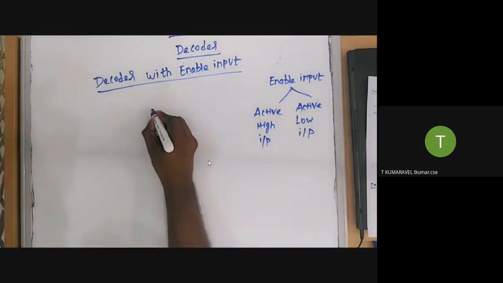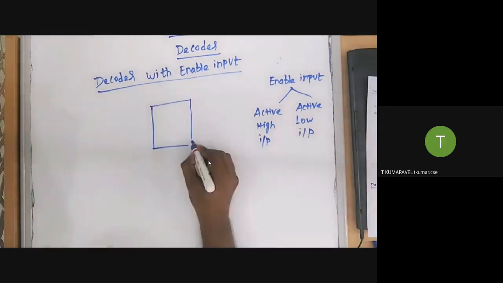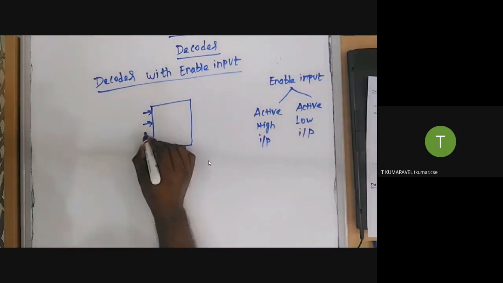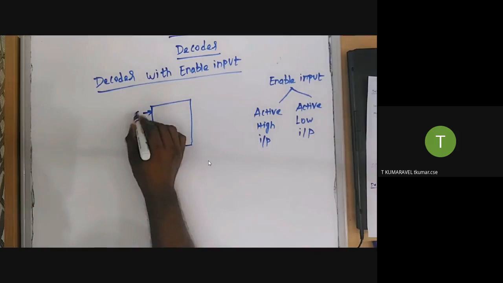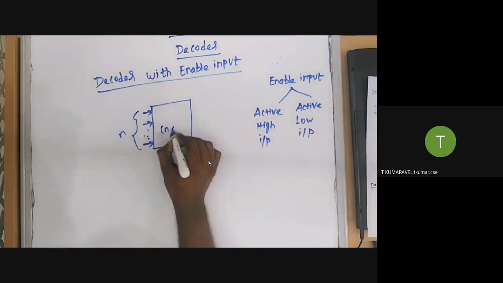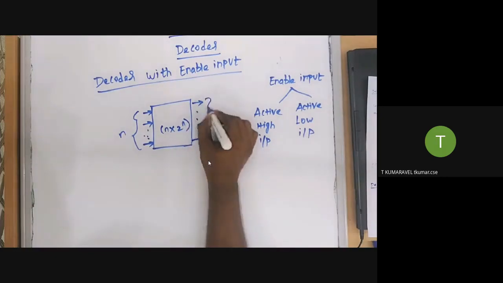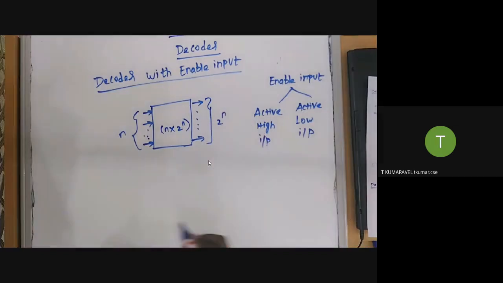You already know the specification of the decoder. It takes n input bits and generates 2 power n outputs. In some cases, if we consider a circuit diagram, more than one decoder is available, and at a time I want to enable only one decoder.